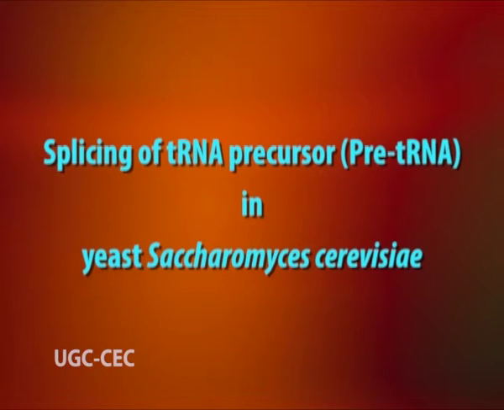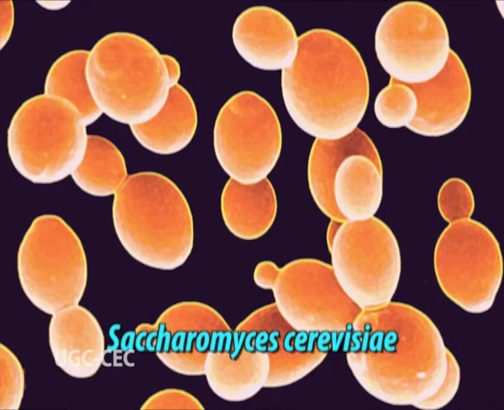Next is the splicing of tRNA precursor, pre-tRNA, in yeast Saccharomyces cerevisiae. The tRNA precursor splicing reaction has been worked out in detail in the yeast Saccharomyces cerevisiae. The introns of tRNA precursors are excised by precise endonucleolytic cleavage and ligation reactions catalyzed by special splicing endonuclease and ligase activities.